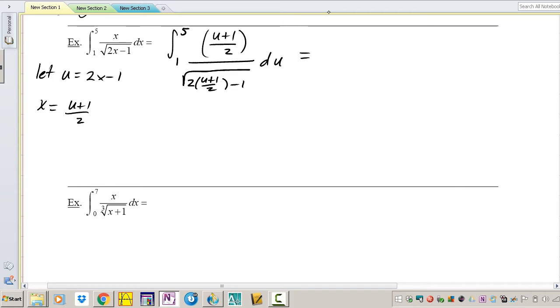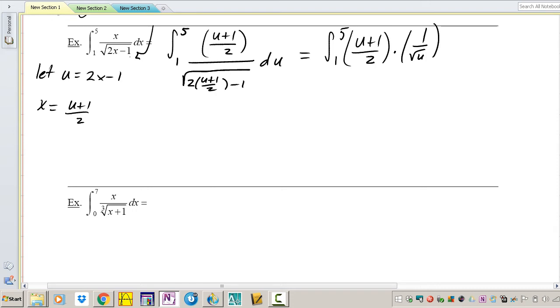And we already know what this equals. Inside of the radical, we know that it's going to be a simple u. So it's going to be the integral from 1 to 5 of (u plus 1) over 2 times 1 over the square root of u, which is the same thing as what we just said right here.